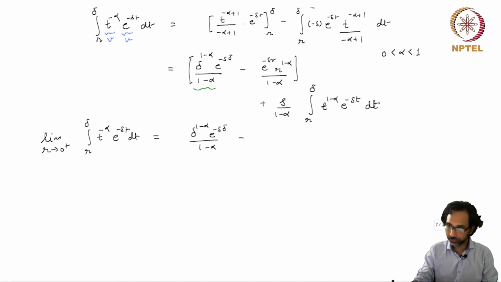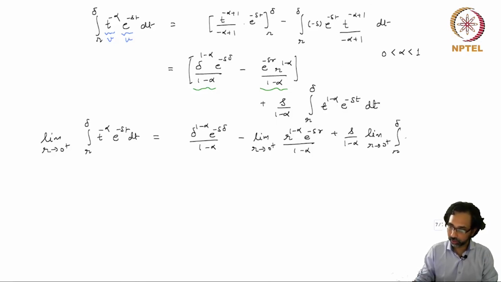The second term has r, so we have to take the limit as r tends to 0 plus of r to the 1 minus alpha e to the minus sr over 1 minus alpha, and then again for the third one we have to take the limit of the integral r to delta of t to the power 1 minus alpha exponential minus st dt.